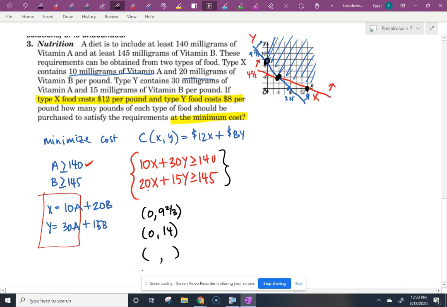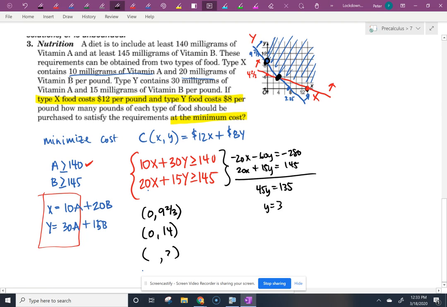I multiply the top by -2, so that's negative 20x minus 60y equals negative 280, and this one is 20x plus 15y equals 145. Now I combine, I get 45y equals 135, which works out nicely to 3.